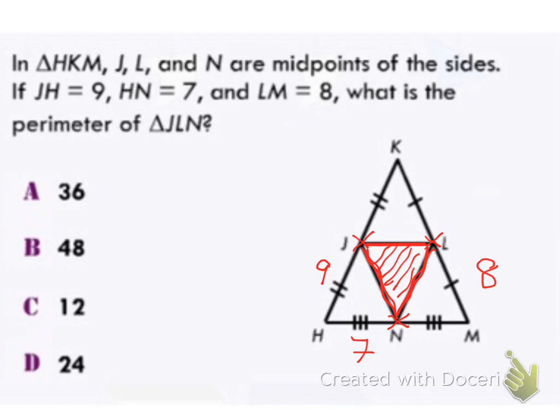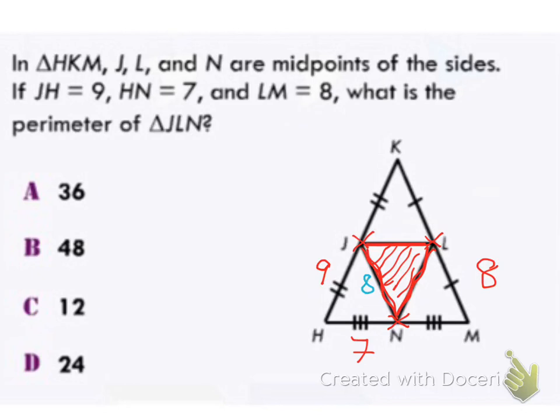All right, so let's see about this. I know that JN is half, I'm going to change color, is half the length of KM. Well, LM is also half the length of KM, so therefore JN has to be 8.